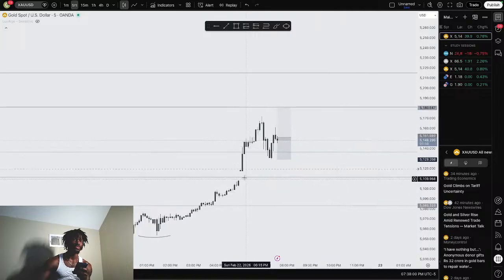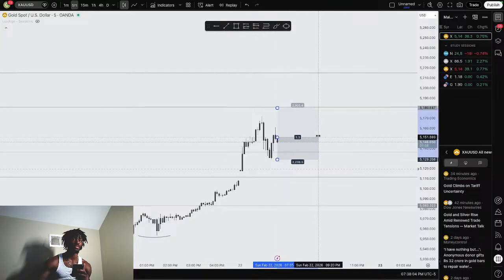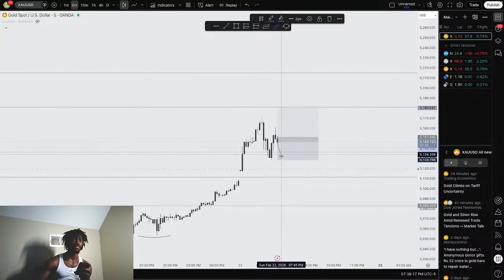The first trade was more precise because it was directly after that 1 minute. This one has a decent amount of room to fluctuate and do what it wants to do. So I know that if I were to lose, then I would want to wait for however long the market does. If the market does come back down here and immediately stops it out, then that means this is the next lower high.